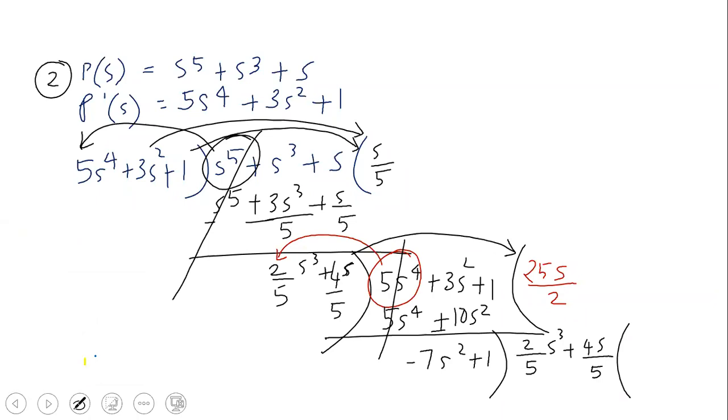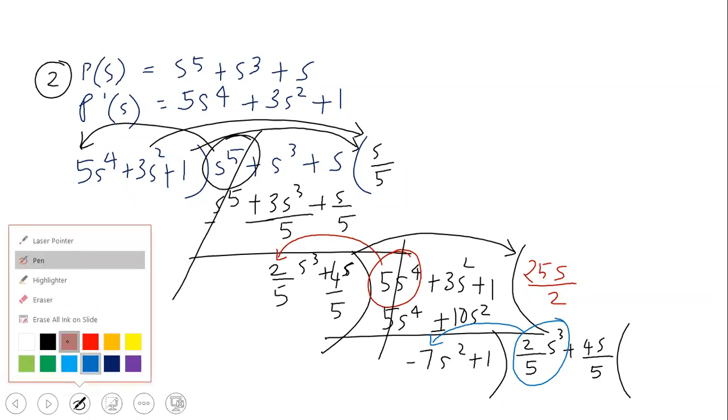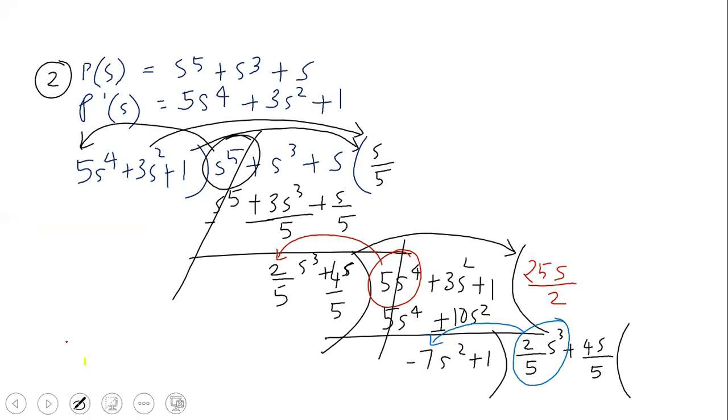This is another factor you're getting. Now you continue the same thing. Take this divided by this. So when you do that, tell me what is your quotient. Next quotient. Give me the next quotient.